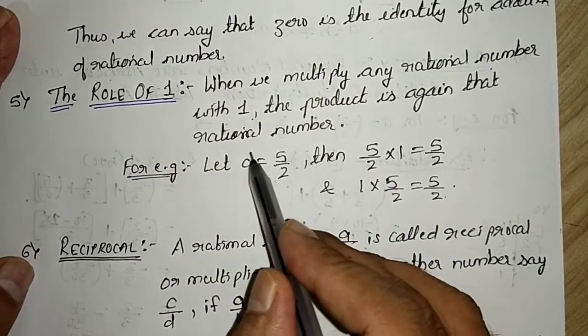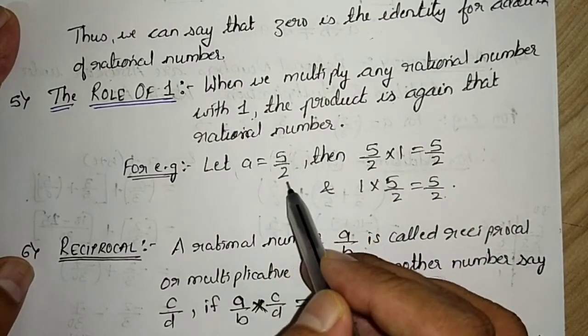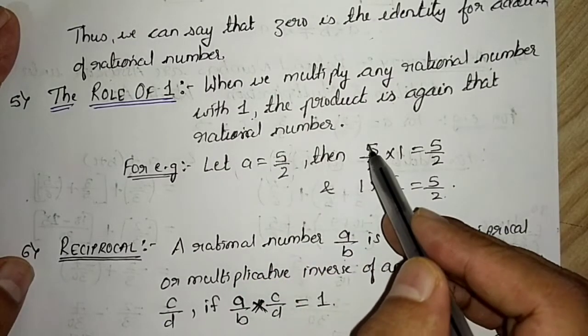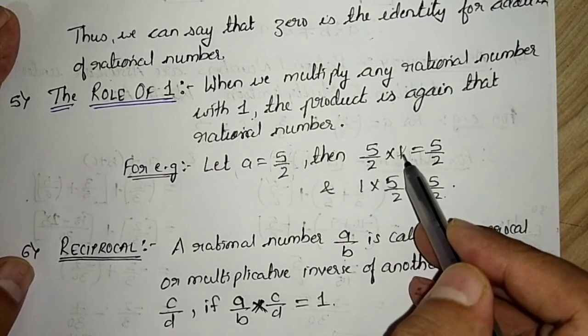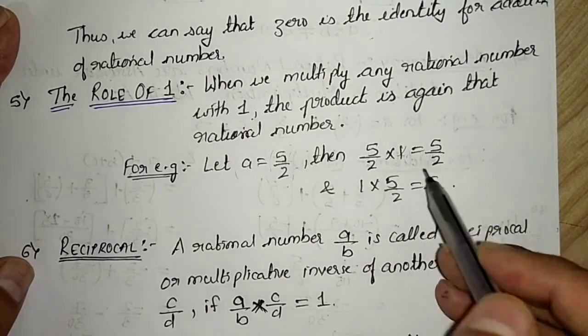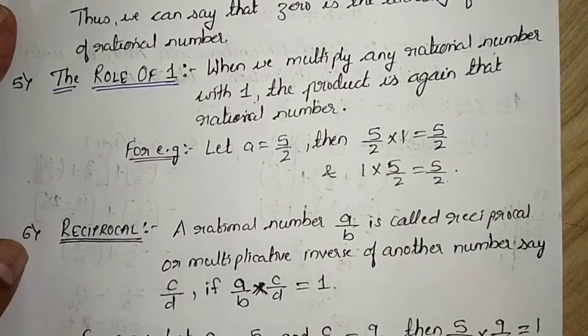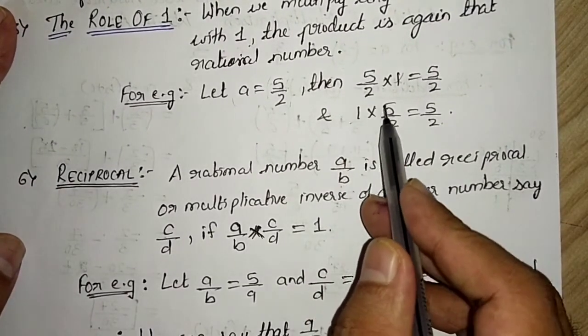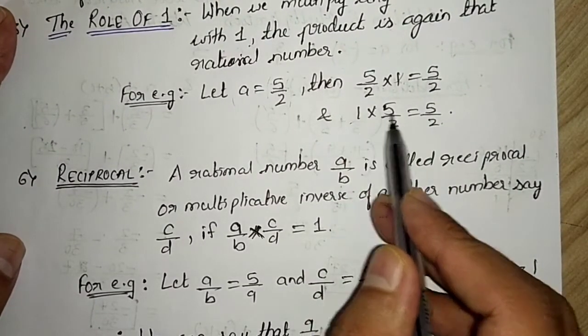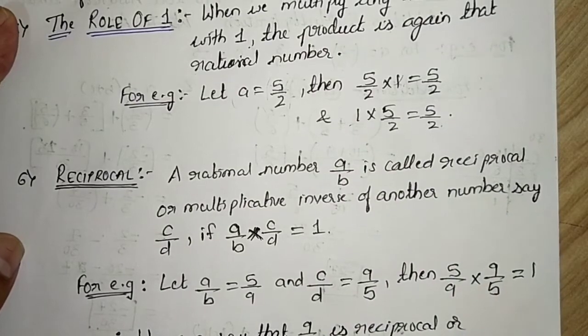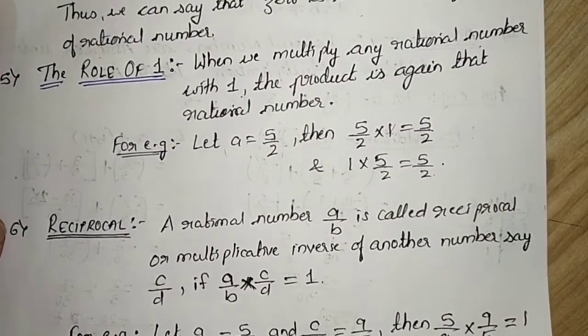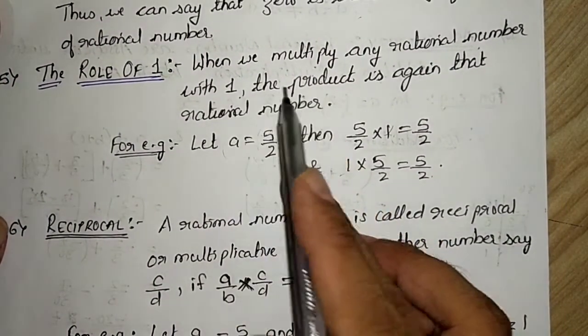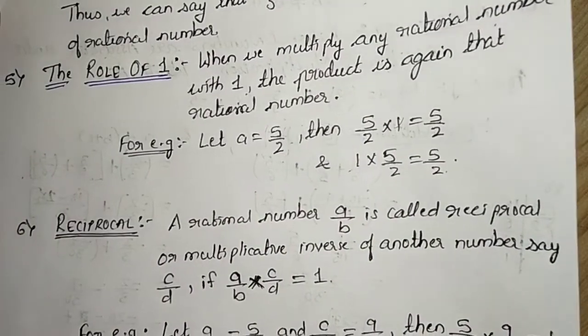That means, let me take an example. If I am taking 5 by 2 and then multiplying 5 by 2 with 1, you will get again 5 by 2. Or you take 1 and then multiply it by 5 by 2, you will get 5 by 2. So we can say that 1 is the multiplicative identity.